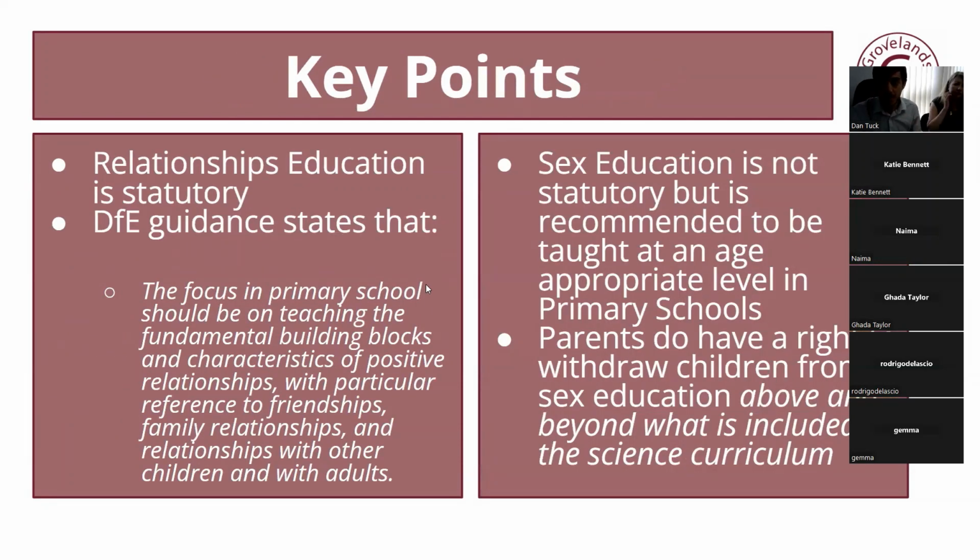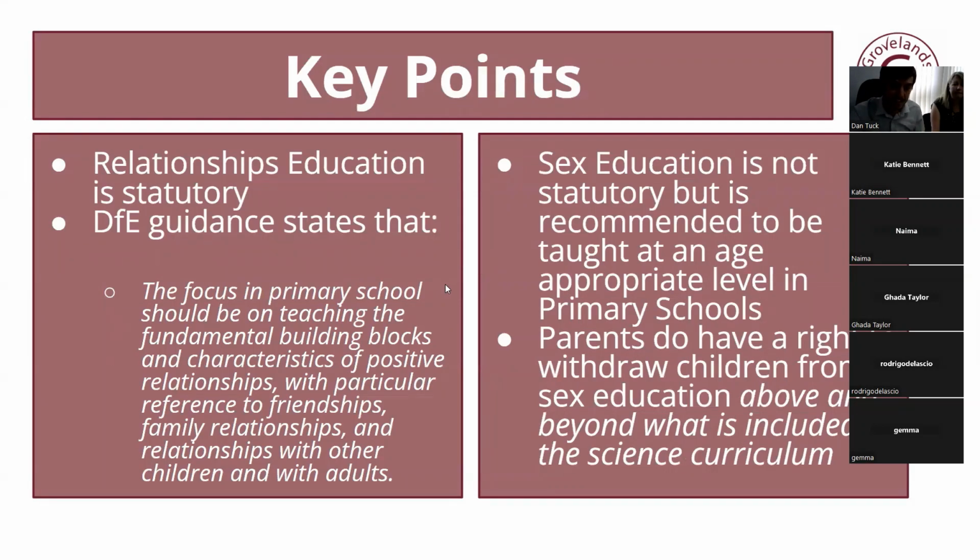So a few key points to get started. Relationships education is statutory. That means that when we teach children about relationships, every child has to do it. They're entitled to that teaching as part of the national curriculum. And the DfE guidance that schools are bound to deliver says that our focus should be fundamentally on how we build positive relationships and what positive relationships look like.